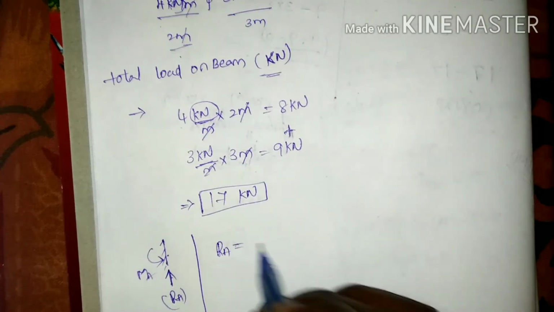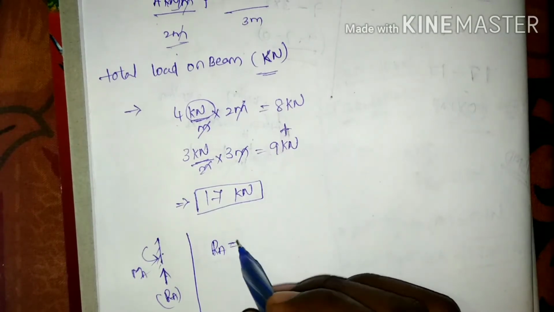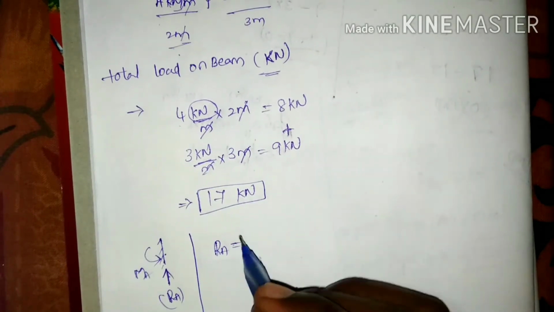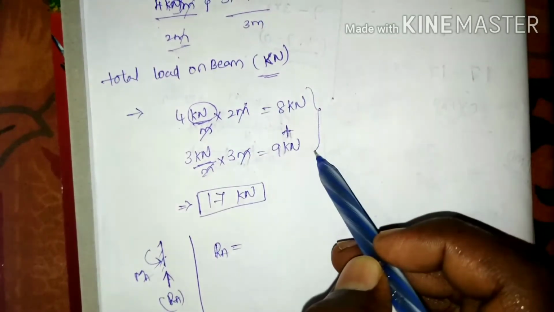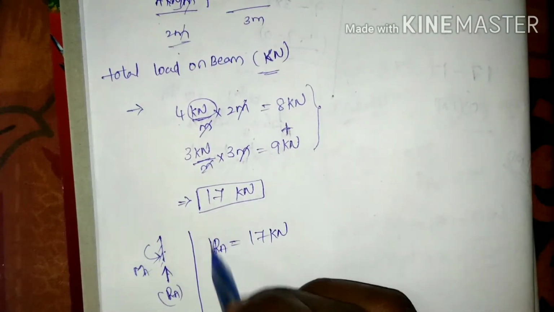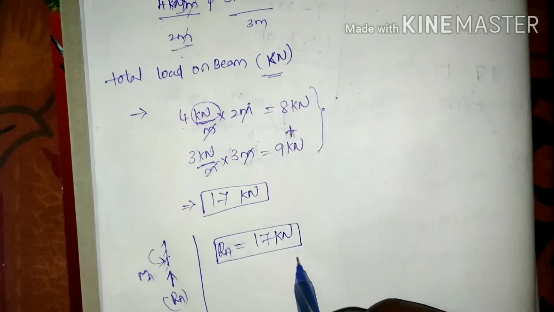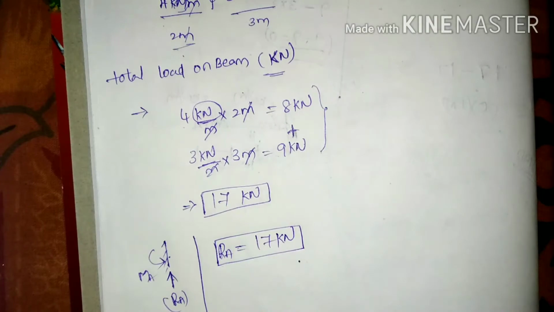RA is equal to the total load on beam, as the total loads act downwards. The same we find here, that is 17 kilonewtons. Upward reactions are equal to downward loads.